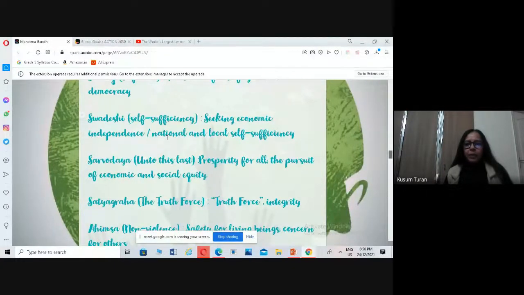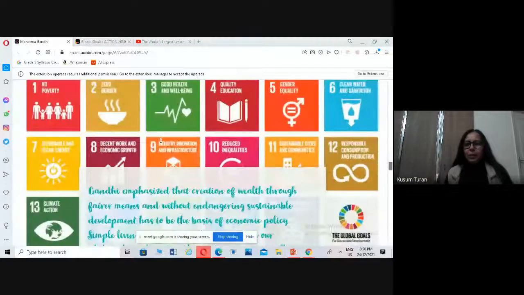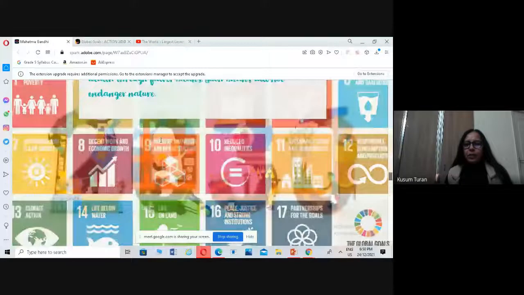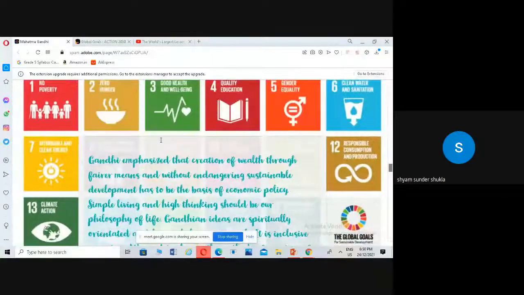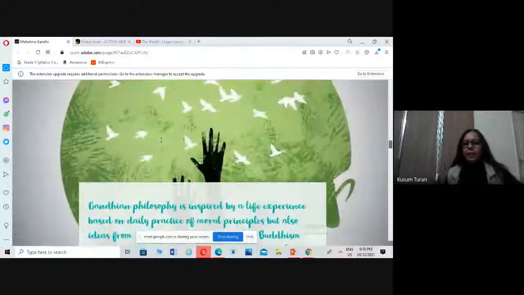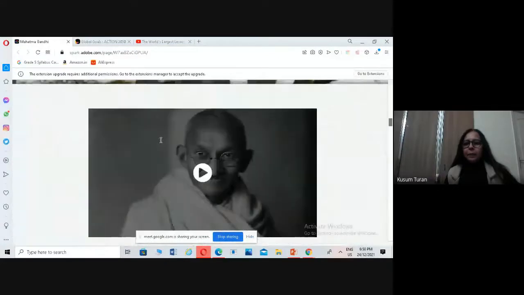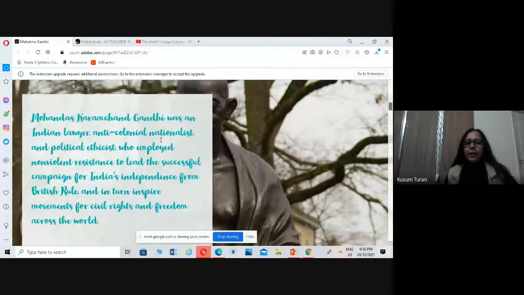We're talking about Swadeshi. Yes, Modi ji is also talking about Swadeshi now. So all these values, which are being repeated, are things they can learn from the life of Mahatma Gandhi and implement, which is much needed in today's scenario.